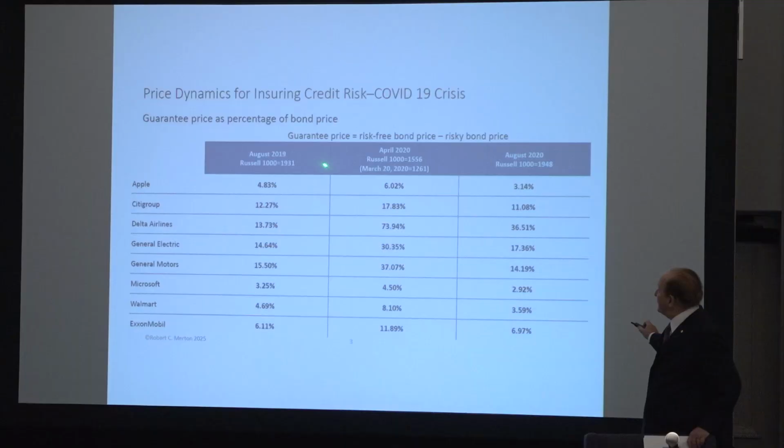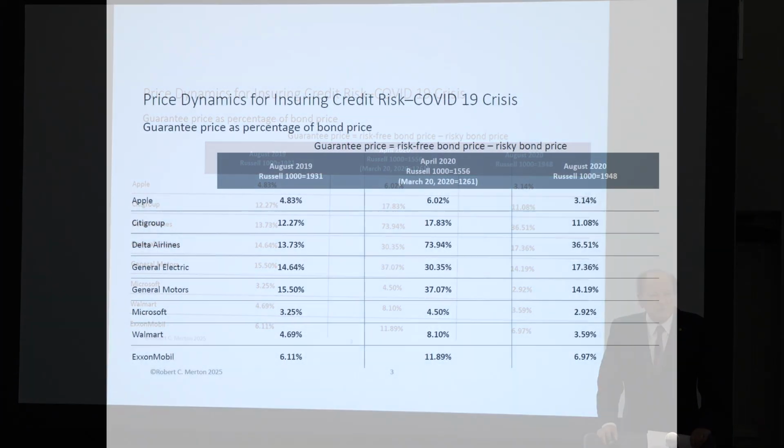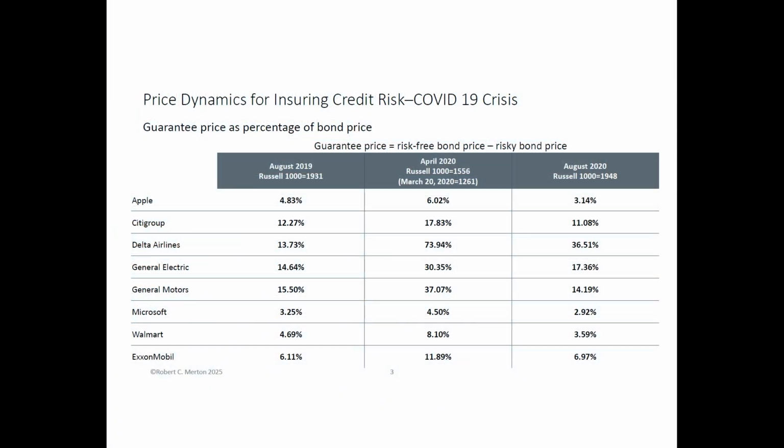If you want, let me just finish here. Russell was 1931, fell to 1550, actually 1260 here, and was back to higher than the previous August at the same level the year later. So you see, as the assets, the real assets, market price assets, not marked to model or marked to a book or something, but real values were here, they went way down here, and they came back.